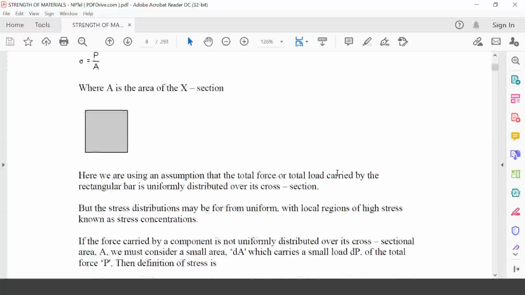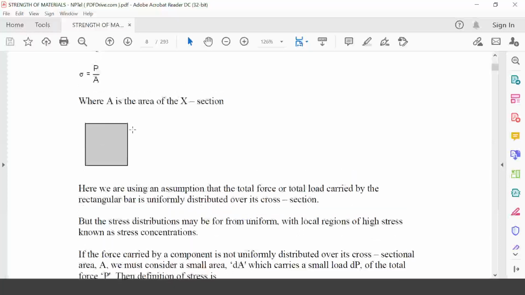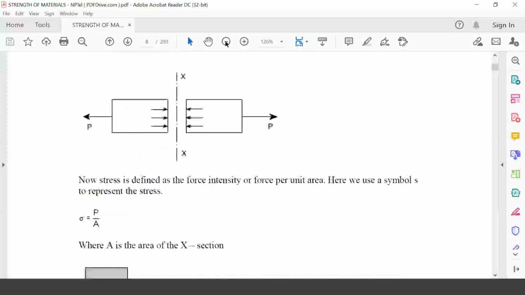So if we consider this surface area, then the stress is defined as the force per area. The stress is denoted by sigma. Sigma is equal to P by A, where P is the force and A is the cross sectional area. Fine. Any doubt? No, sir. Okay.